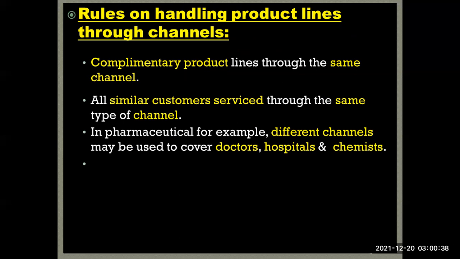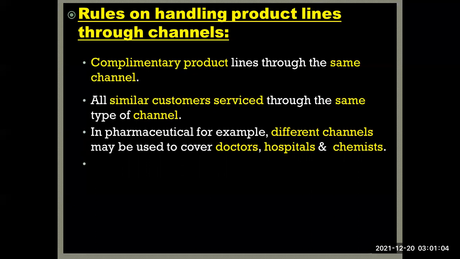Similar customer service should go through the same type of channel, so try to serve all customers through the same type of channel that is in existence. In pharmaceuticals, for example, different channels may be used to cover doctors, hospitals, and chemists. So pharmaceutical companies have a different set of salespeople who cover doctors.